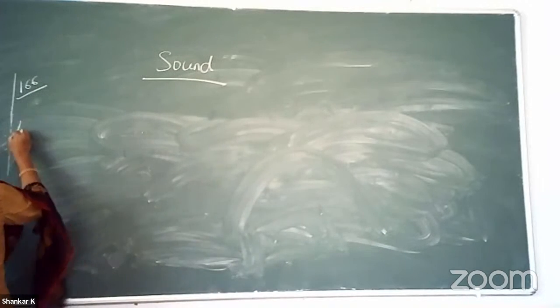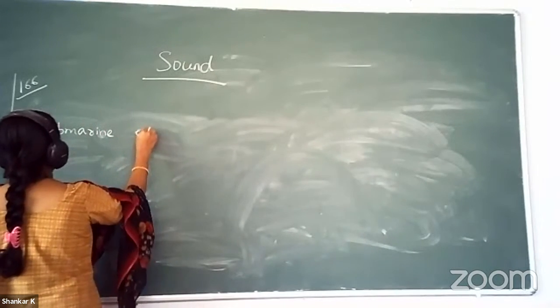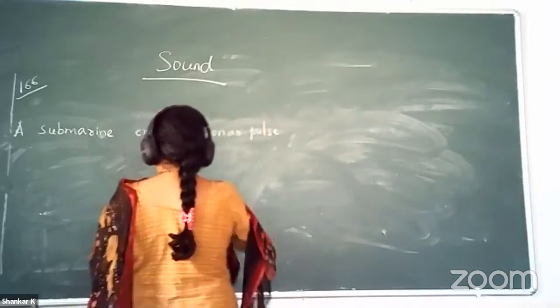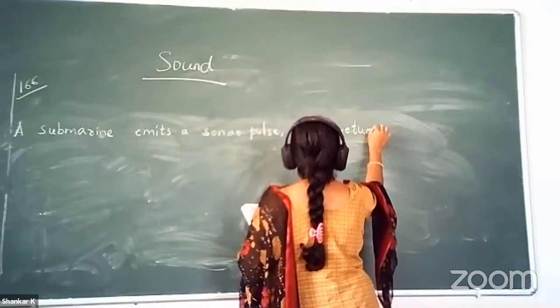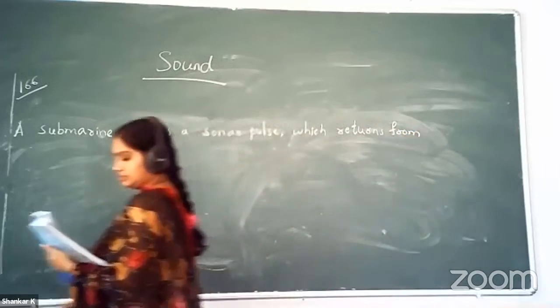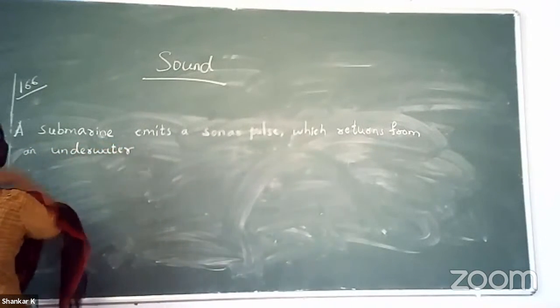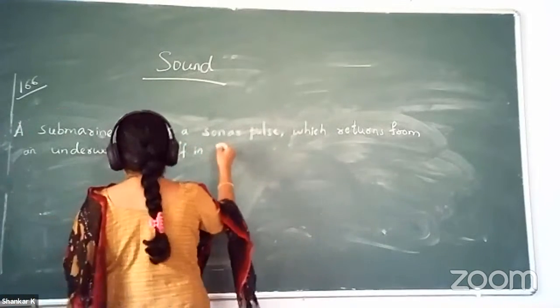Next is page number 172. A submarine emits a sonar pulse which results from an underwater cliff in 1.02 seconds.